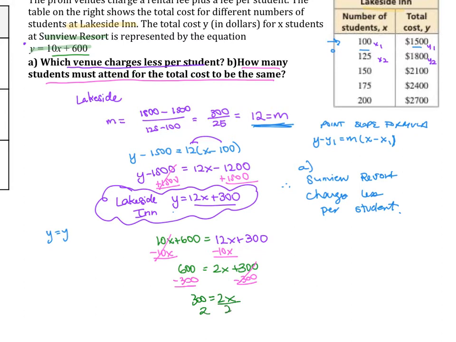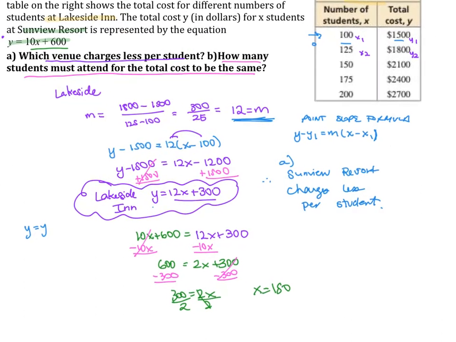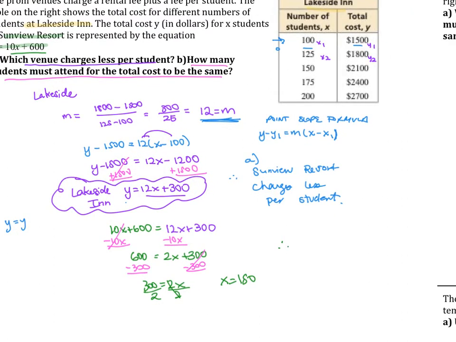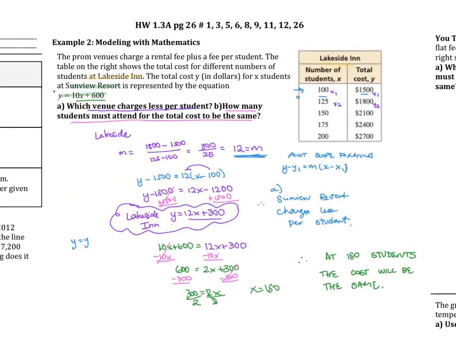So we divide by 2. So x equals 150. Therefore, at 150 students, the cost will be the same for both resorts.